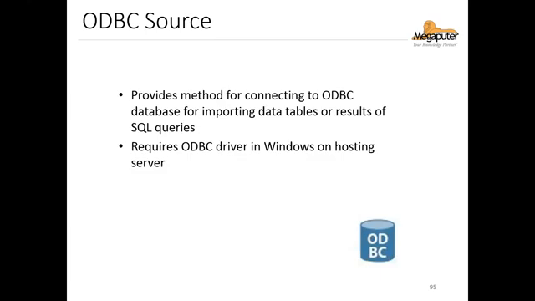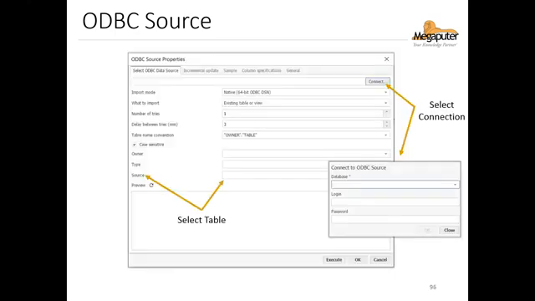That driver will work as the go-between between PolyAnalyst and the database. PolyAnalyst will connect to the driver that you've installed, and then the driver can connect to the database.